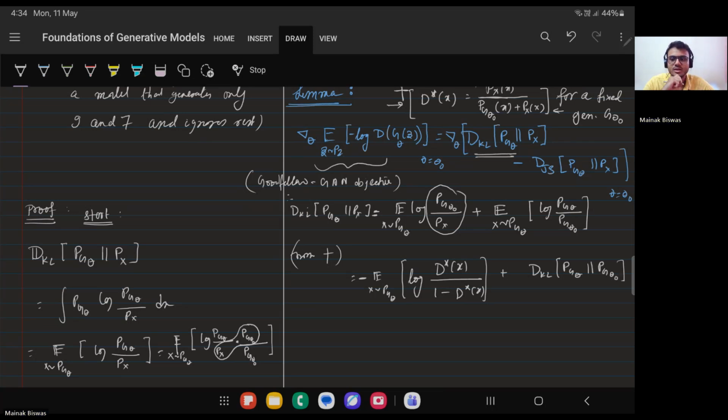Now as soon as I do this, things are going to be sorted. This is what I wanted: the log of the discriminator.